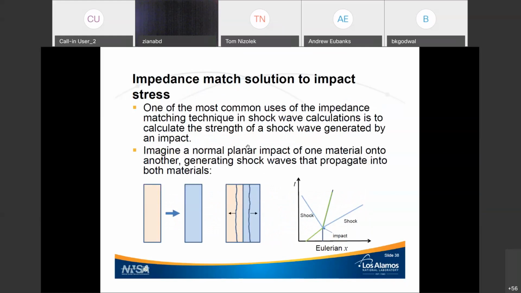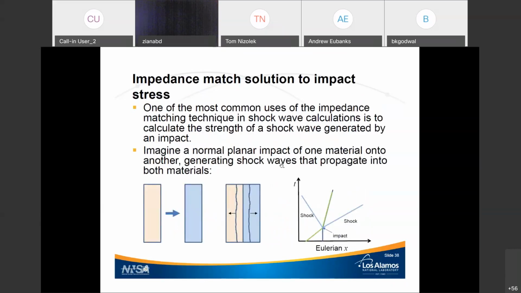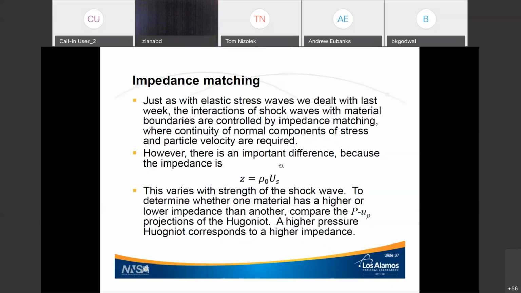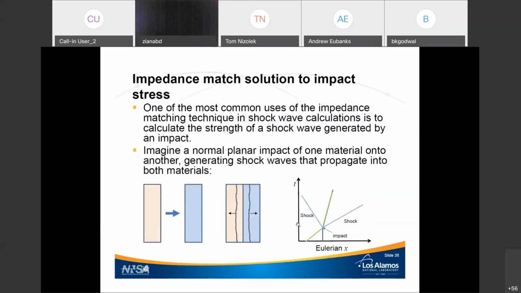One of the things that we didn't talk about last week because it wasn't really relevant was the conditions achieved by an impact, which is what this particular set of diagrams is describing. In that situation, you don't initially have a shock wave. There is no shock wave that comes in at time 0 and hits some interface.